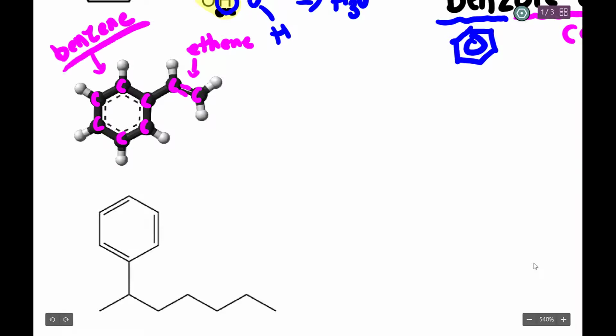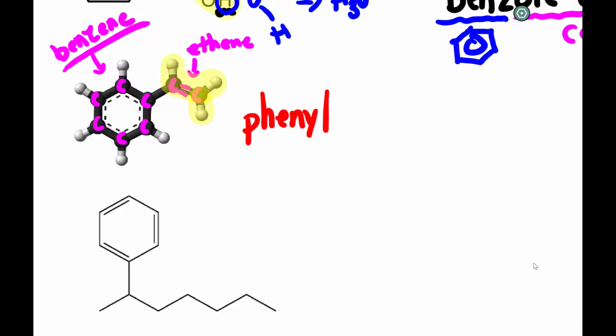Now technically, the ethene gets priority in naming. It's more important than the benzene ring. And when it becomes more important, the benzene ring takes the name phenyl. So this is when it becomes less important than something else in the compound. In this case, the ethene is more important. Because there are only two carbons here, whichever one is attached to the benzene ring is carbon number 1.